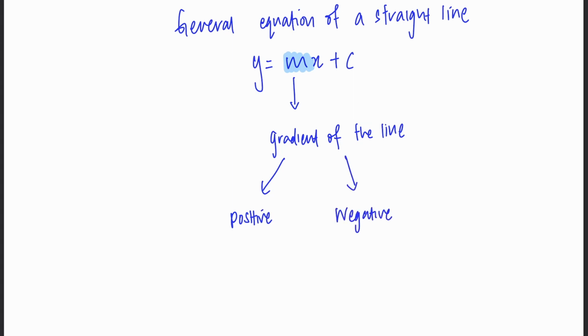If it's a positive gradient, it should slope upwards this way, and if it's negative, it should slope downwards this way. So take note that when you're looking at the gradient, your eye view is always from the left side. From this way, you can see that it's going up, and if you're looking this way, you can see that it is going down.